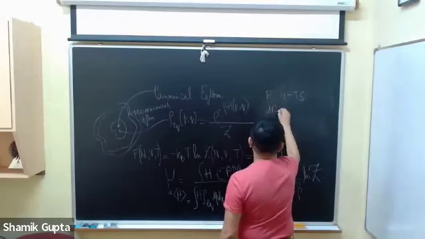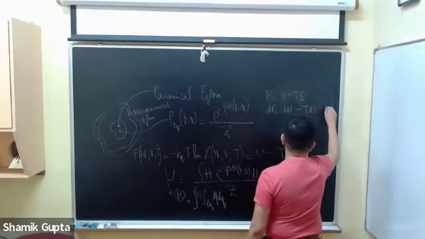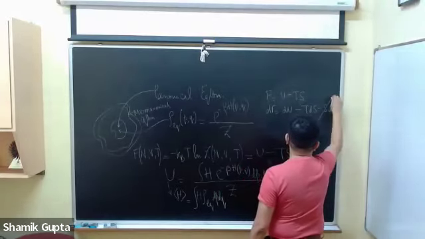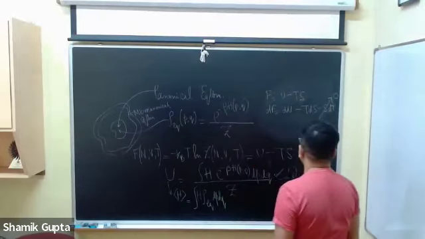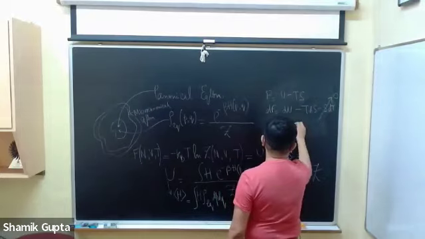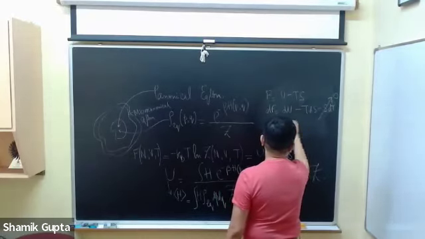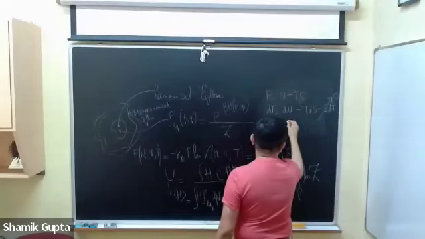Therefore, dF will be equal to dU minus TdS minus SdT. But this term is zero because in canonical equilibrium, the system has a constant temperature. So S is equal to minus del F del T.